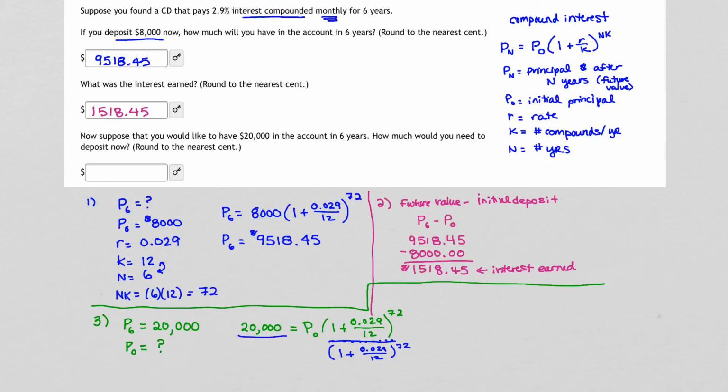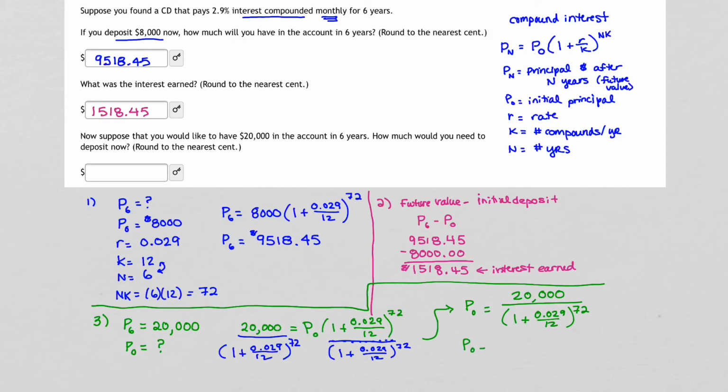I'm going to do that to both the left and the right side, and that's going to give us our initial principal. In other words, I have that my initial principal is equal to taking $20,000 divided by this quantity, 1 plus 0.029 divided by 12 to the 72.